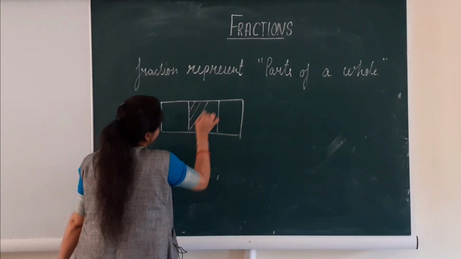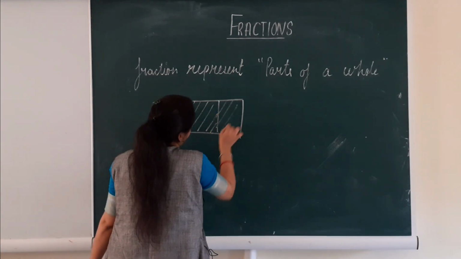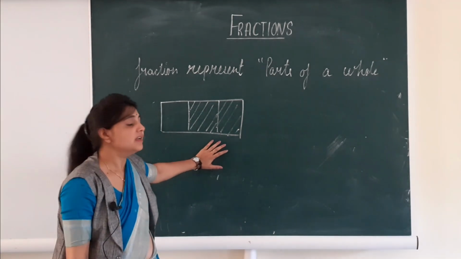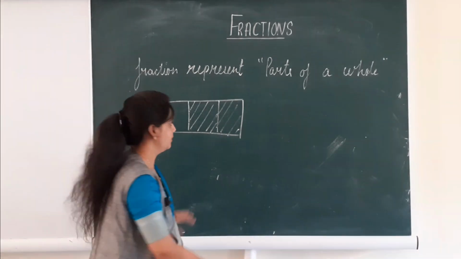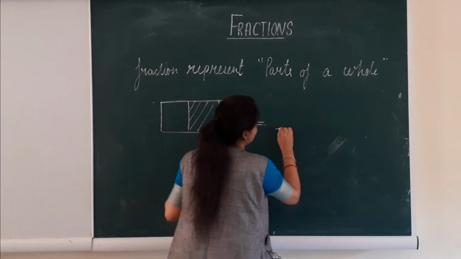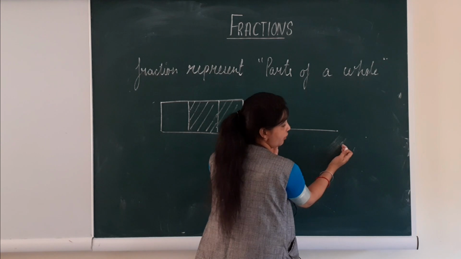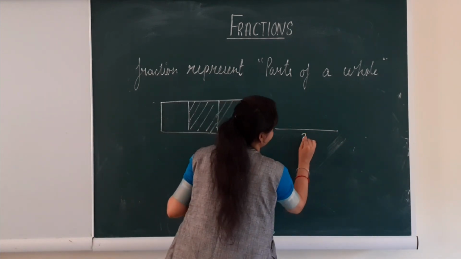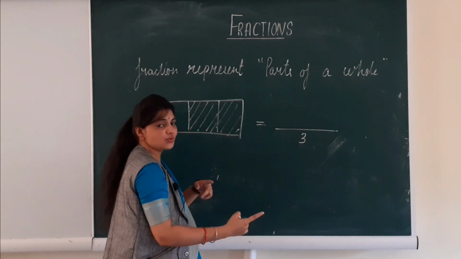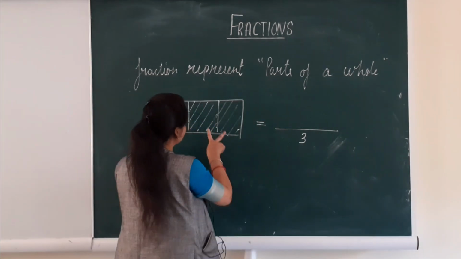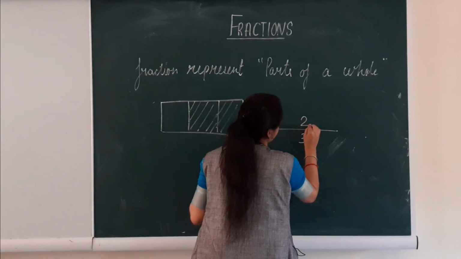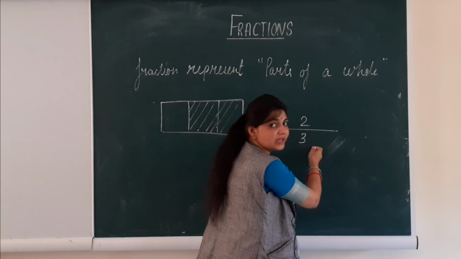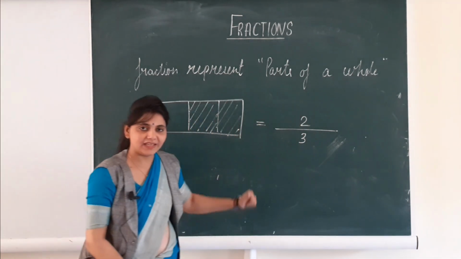Now I shade 2 parts out of the 3. I have to find out how to write this in fractional form. First of all, the total number of parts: 1, 2, 3. Out of this 3, how many parts were shaded? 2 parts were shaded. So the fraction is 2 by 3, or 2 over 3.